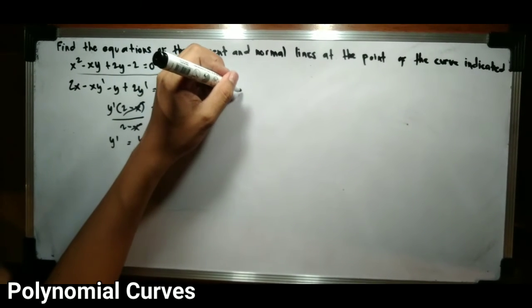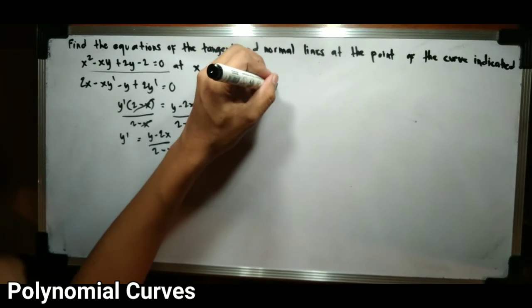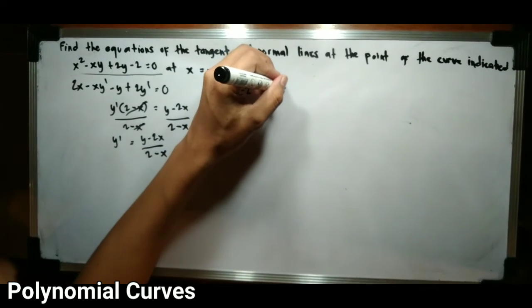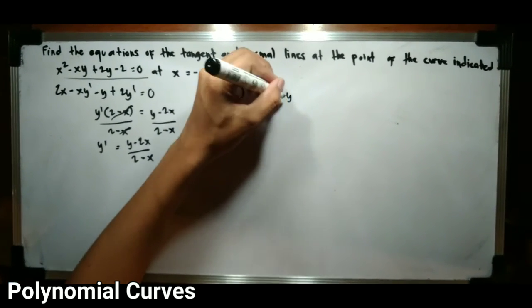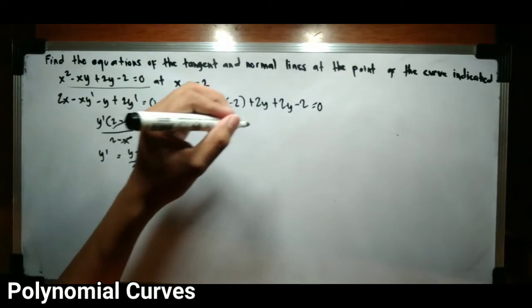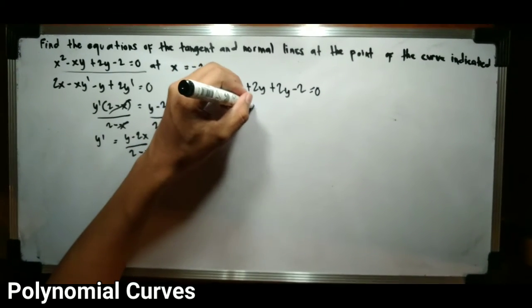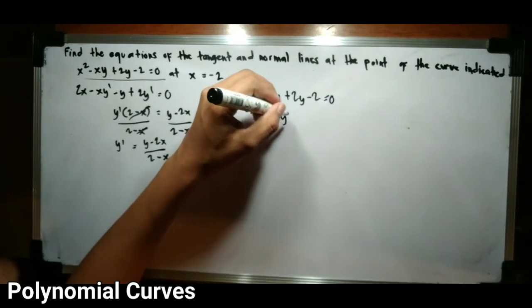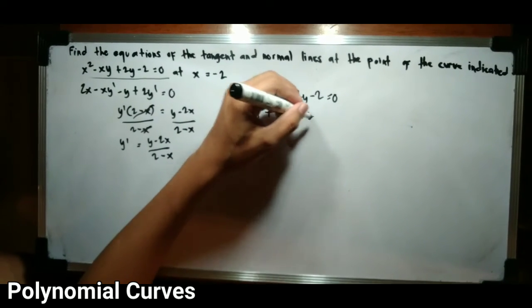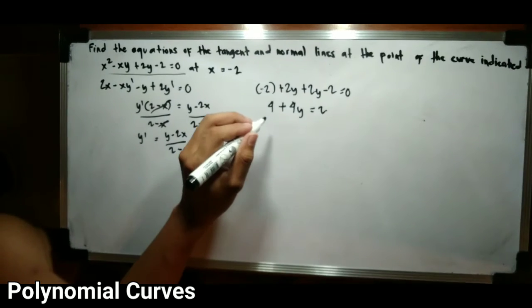So we will have 4 plus 2y plus 2y minus 2 equals 0. And to simplify this, we will have 4 plus 4y equals 2. And 4 will be transposed to the other side, it will turn negative.